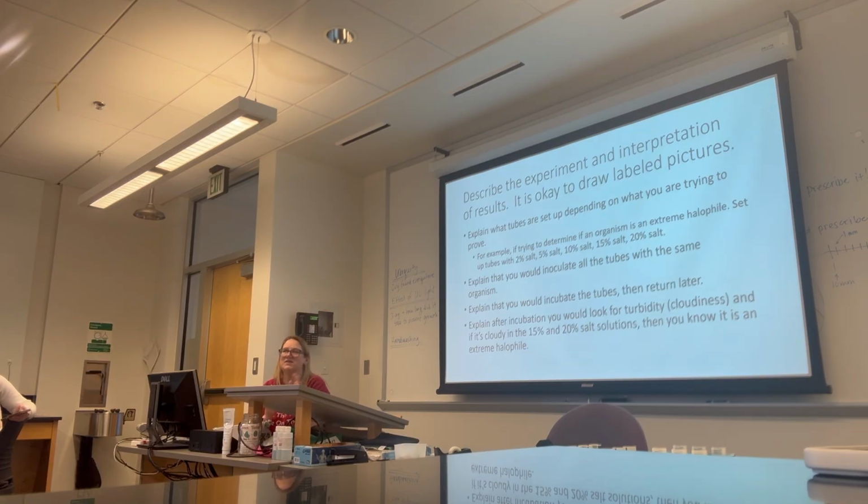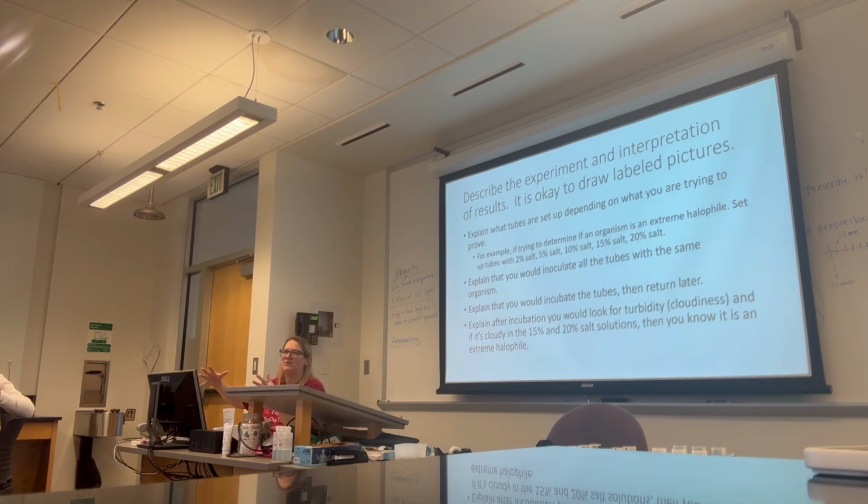Okay, so I know this is a lot of words here, but this is just to let you know all the parts that need to be described if I ask you to describe an experiment and interpret the results. There will be a question about either pH or salt. For example, if you're trying to determine if an organism is an extreme halophile, you are going to set up the tubes with the different salt solutions.